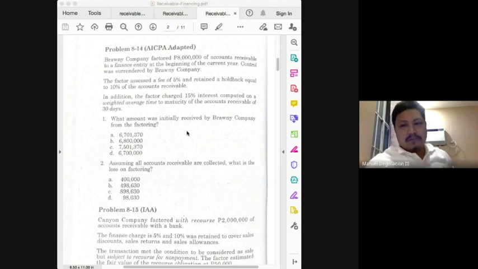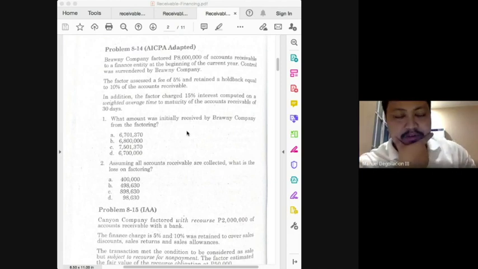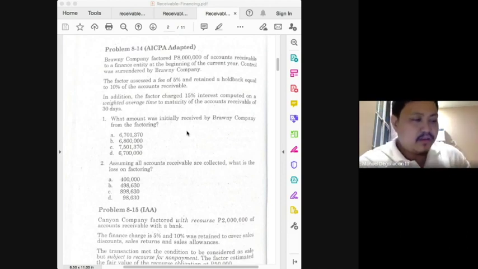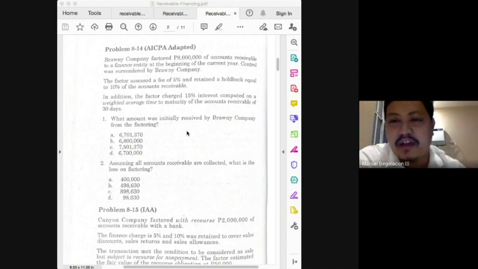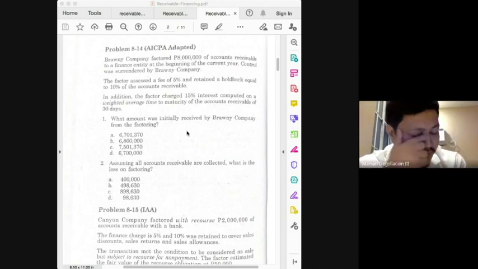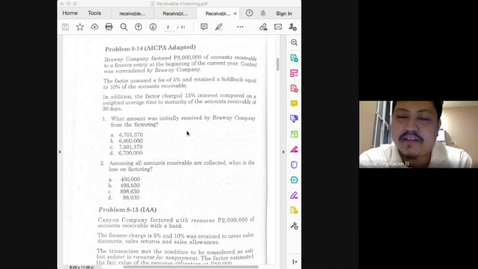So after multiplying 15%, you multiply it by 30 and divide it by 365. And this is one important theory you'll have to remember, class. If the problem gives you a weighted average time for our receivables, then your denominator should be 365. If it does not use the weighted average, then just use 360. You just use simple interest computation of 360. Yeah, I hope you will be able to remember that one.